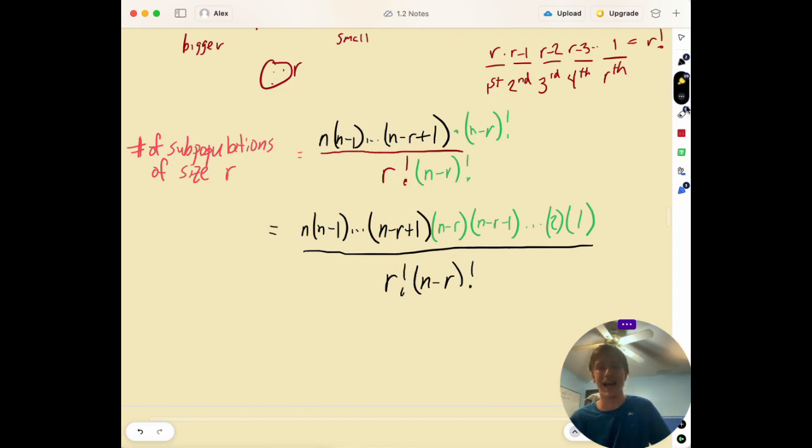But then finally, I note that this entire numerator is nothing other than n factorial. I take n times n minus 1 all the way down to 1. So this is simply n factorial divided by r factorial times n minus r factorial. And then I'm done.